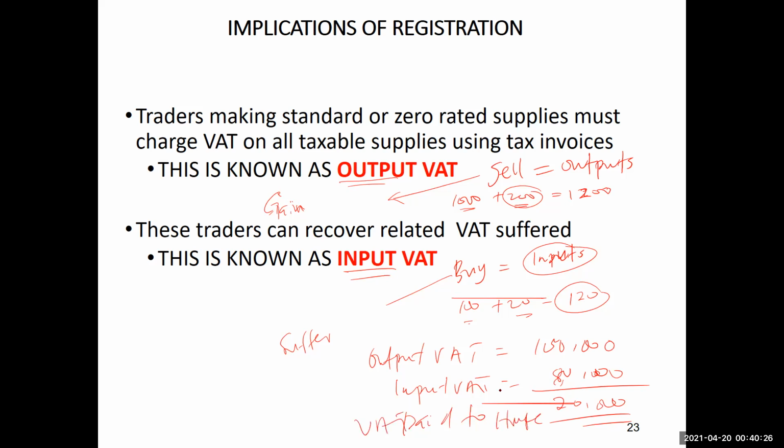Similarly, if my output VAT was 80,000 and my input VAT is 100,000, then I must reclaim 20,000 from the HMRC. Okay, good. Let's move on.